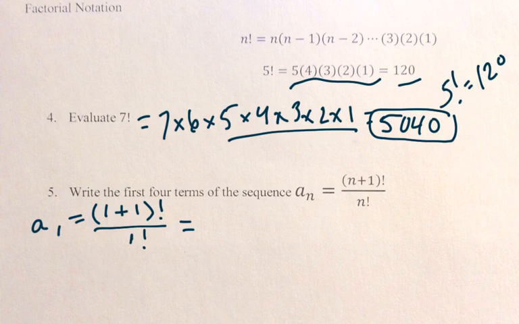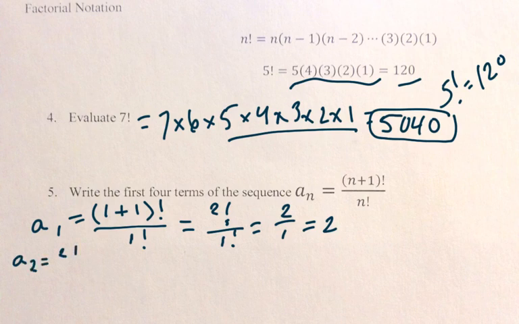Okay, so that's going to be 2 factorial over 1 factorial. Well, 2 factorial is 2 times 1, which is 2, and 1 factorial is 1. So that equals 2.